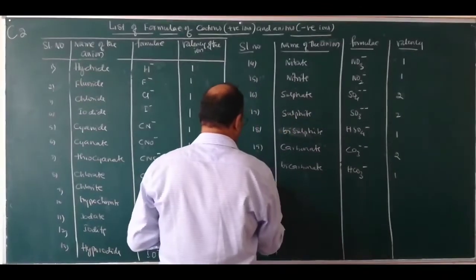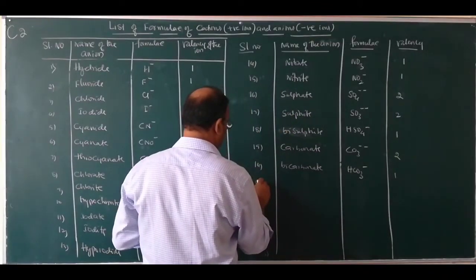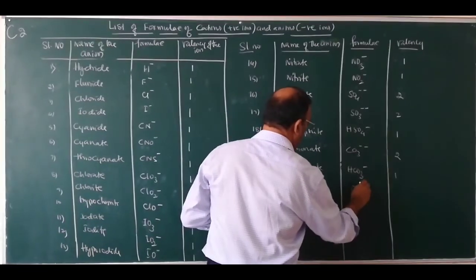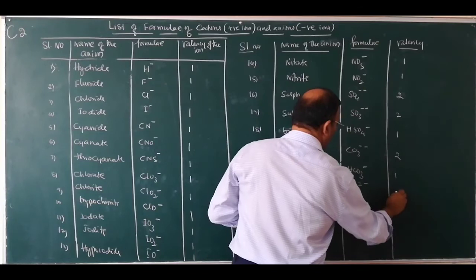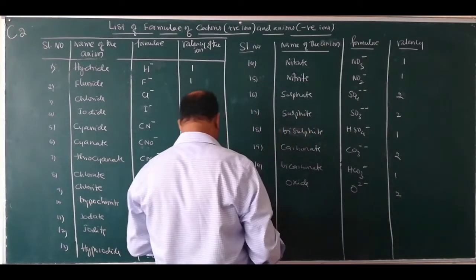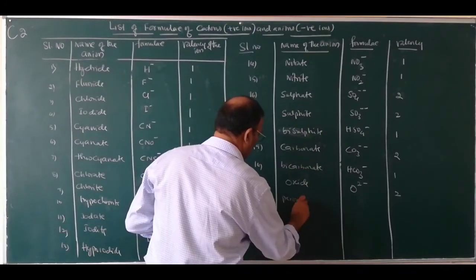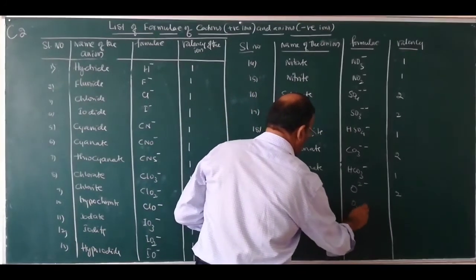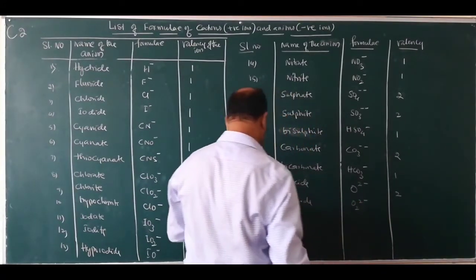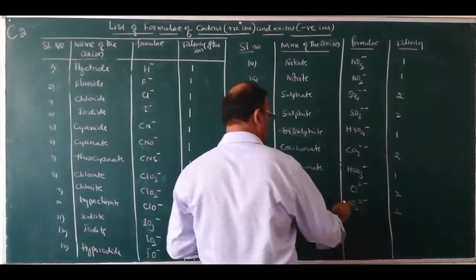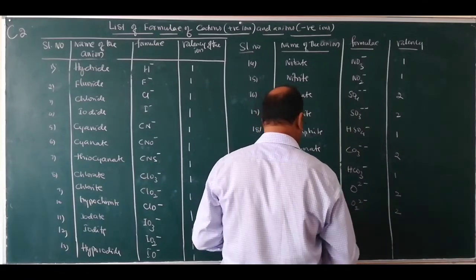And then oxide, O2 minus, valency is 2. And then peroxide, so this one is O2 2 minus, so valency is 2. This one is oxide, this one is peroxide, O2 2 minus.